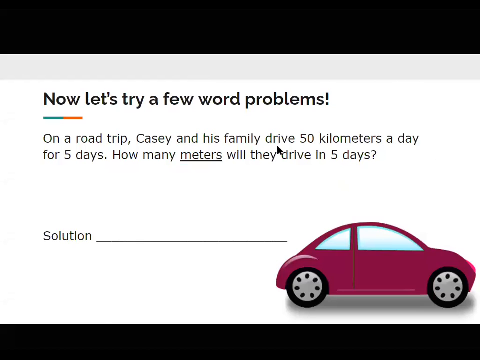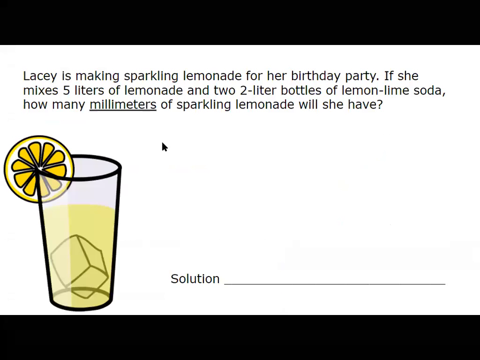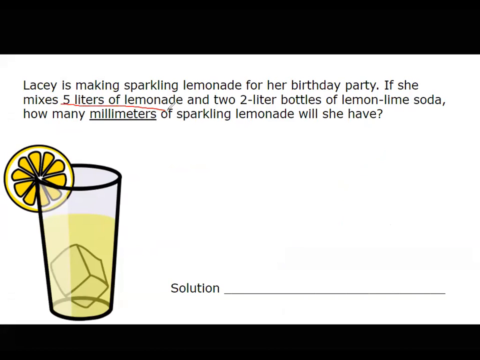All right. Lacey is making sparkling lemonade for her birthday party. If she mixes 5 liters of lemonade and 2 2-liter bottles of lemon lime soda, how many milliliters of sparkling lemonade will she have?